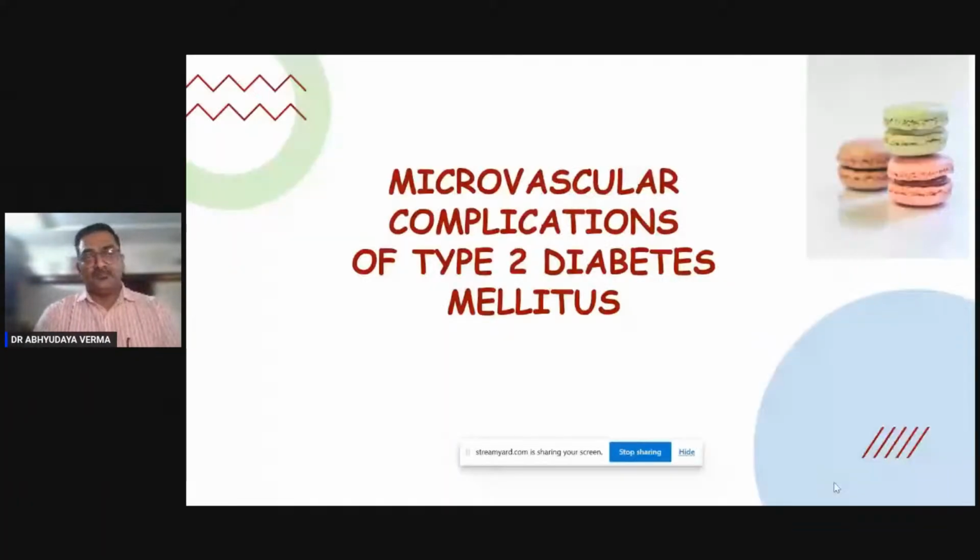So, good evening, friends. As we all know, type 2 diabetes mellitus or hyperglycemia in acute and chronic conditions lead to various complications, and these are mainly divided into micro and macrovascular complications.